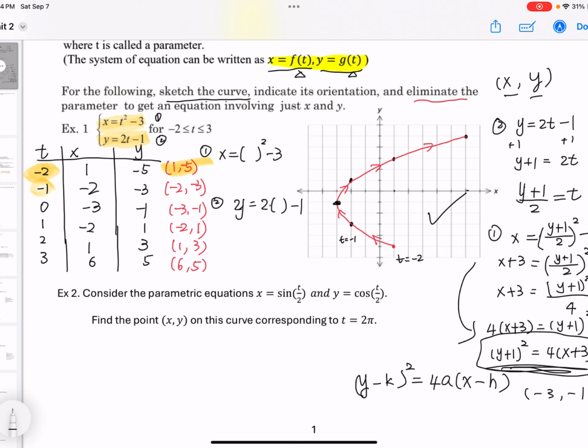Yes, this point is (-3, -1). And what is a? 4a is 4, so a is 1. And 1 is positive, so my parabola opens to the right. So this is a portion of our parabola because t has a restriction. If t has no restriction, this is just a full parabola.